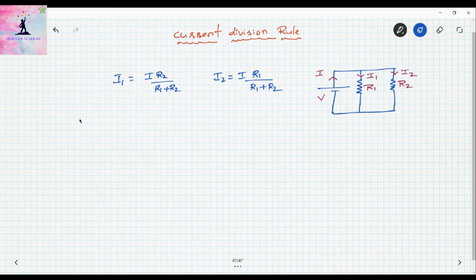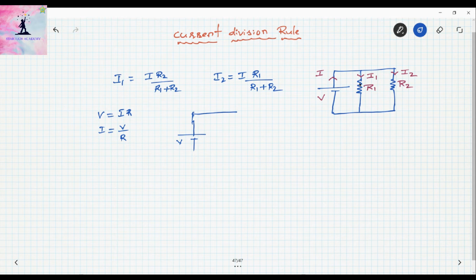Here we see how we got this result. So first of all, I need to find out what is the current coming from the supply. So we know that V equal to IR and I is equal to V by R. Okay, let me simplify this circuit first. This is the supply voltage.